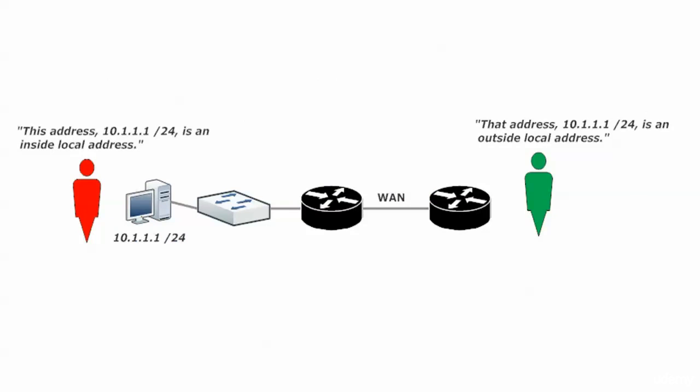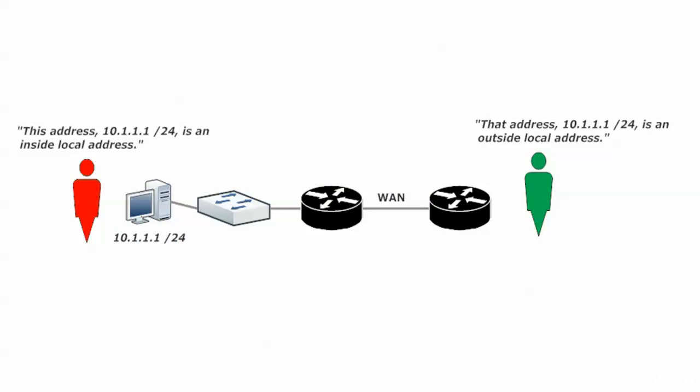And if you are the character on the left and you're looking at that address 10.1.1.1, that's inside local to you because it's at the network that you are at. Where if you are looking across the WAN, like the character on the right, and saying, okay, that address over there, 10.1.1.1, that is outside local.